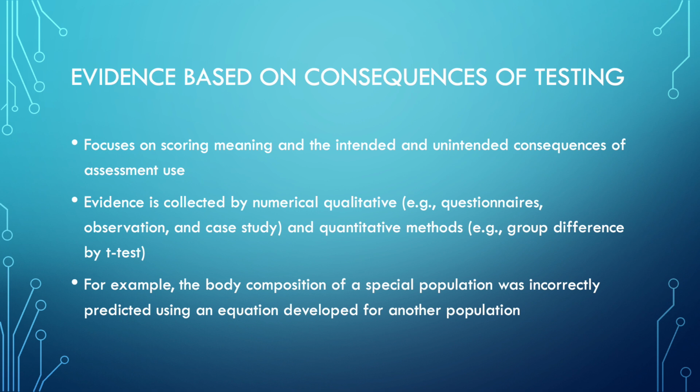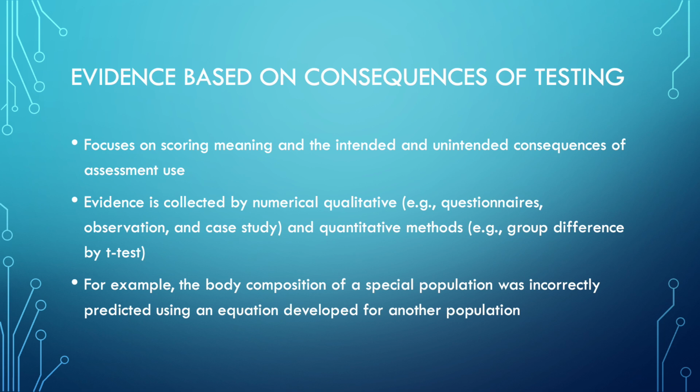We can make qualitative data have numerical correlations using things like Likert scales or having questionnaires have scales, but that's the difference. Quantitative methods are more what we think of as traditional data or number outputs. These things can be group differences by t-tests or other statistical uses.